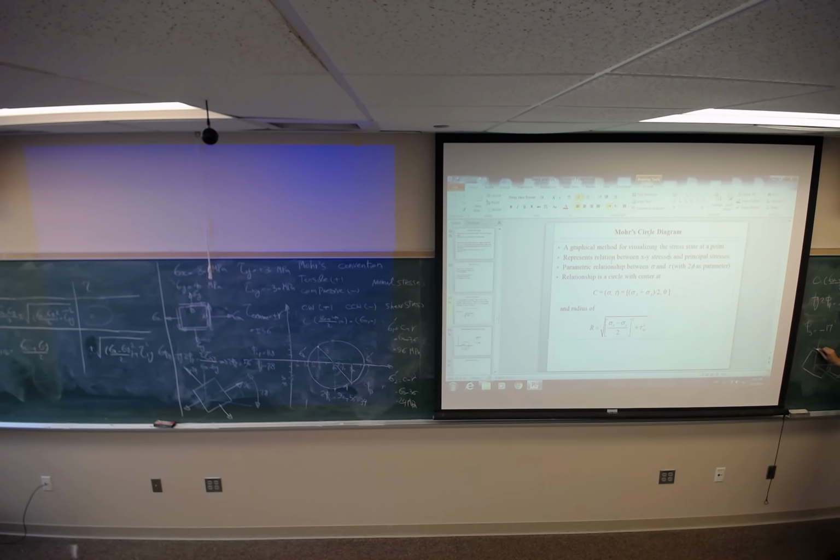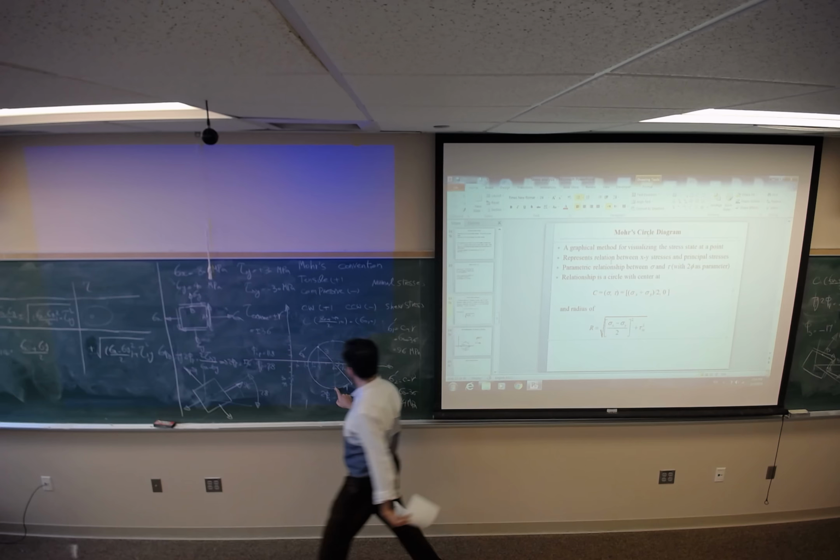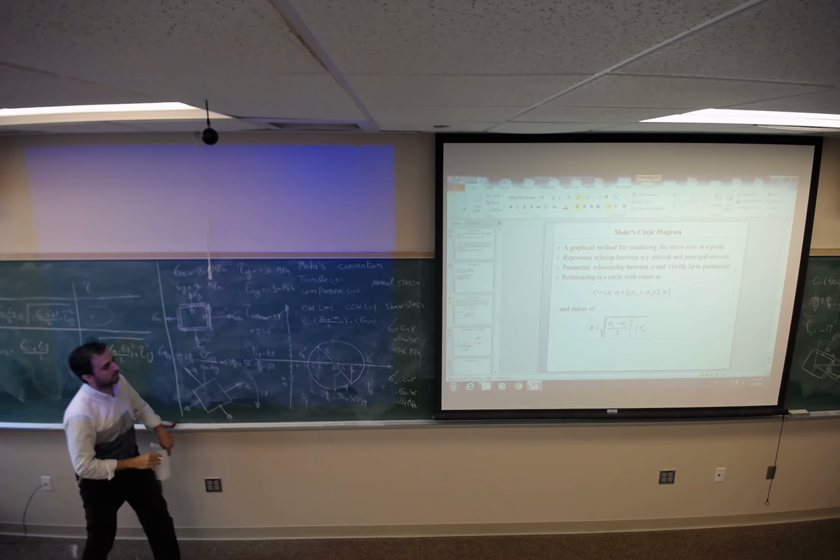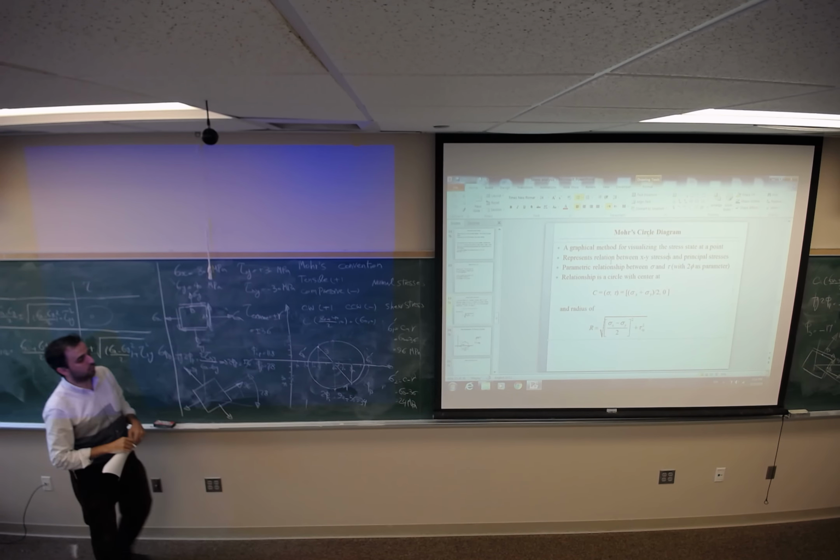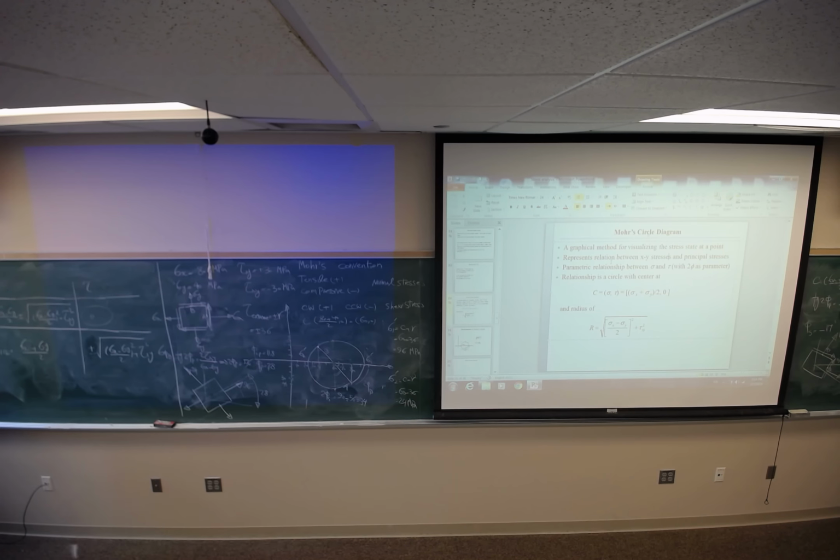Clockwise is in this direction, and sigma y is going to be the same as sigma x, because both pass through the center, so it's going to be 60. Good.